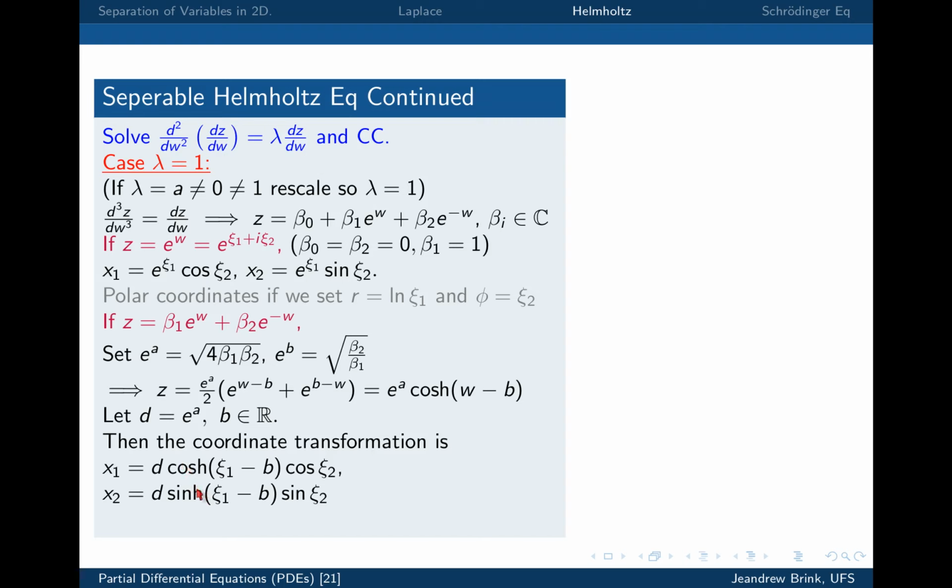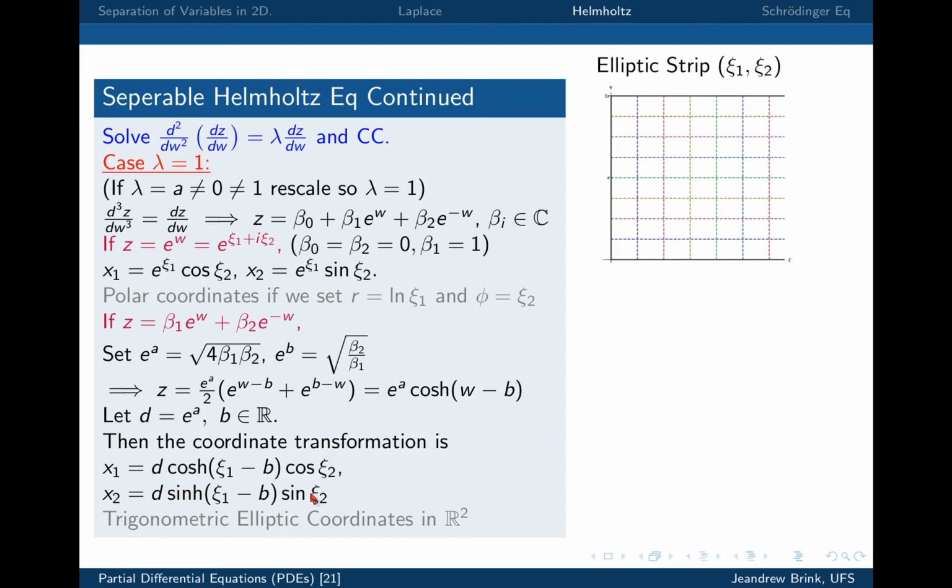Okay, so let's see what this thing actually does. This is a system of coordinates that they call trigonometric elliptic coordinates in R2. And so I'm once again going to look at the coordinates x1 and x2. So x2 goes from 0 to 2 pi. Okay, so it's on this axis over here. So there's 0, there's 2 pi.